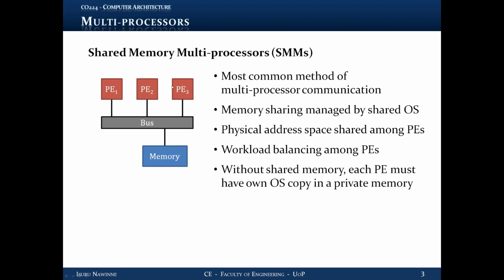So you need to balance the workload. All the processors should be working in parallel at the same time, sharing the workload of the overall task to be done, right? So workload balancing is done by the operating system. There should be some sort of software mechanism in the operating system design itself to balance the workload among the available processing elements.